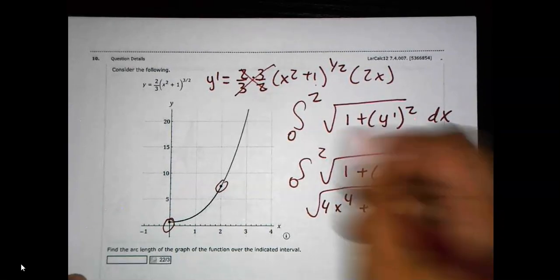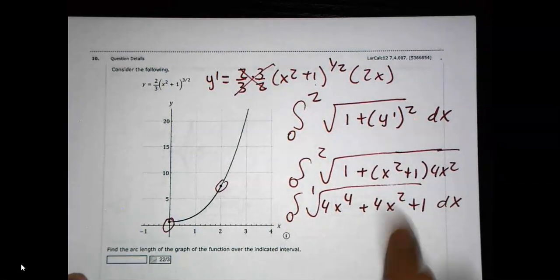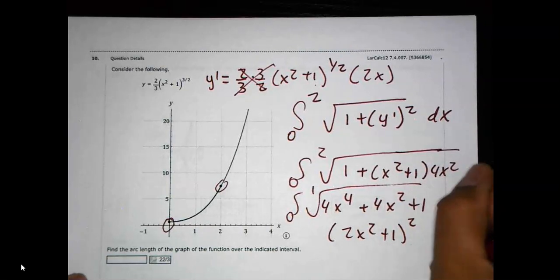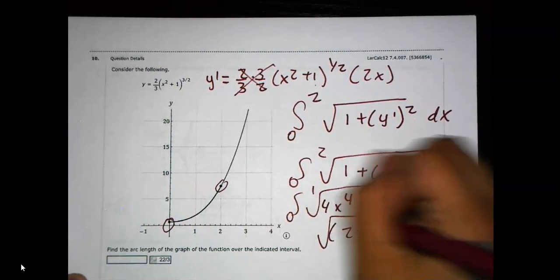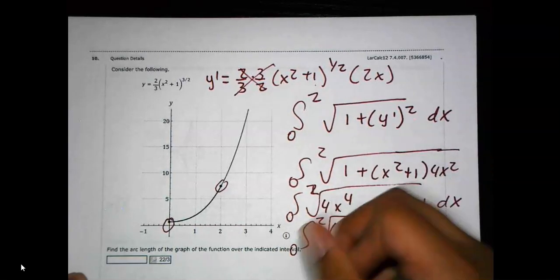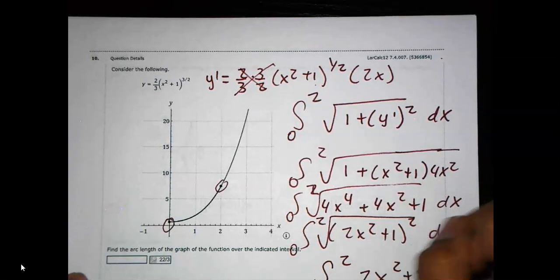It's underneath the root. This right here factors to 2x squared plus 1 squared. When we do that square root squared, it cancels. So we're left with 2x squared plus 1.